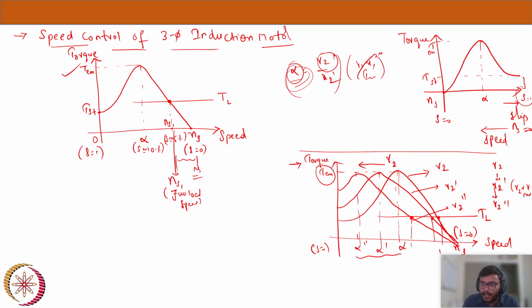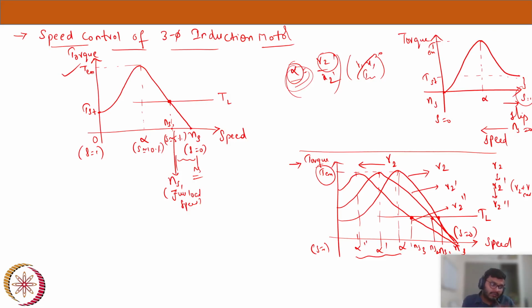Let's say my speed here is ns1, here is ns2, and here is ns3. Now we can see we can have 3 different speeds of my rotor which will be able to deliver my load torque. So 3 curves are supplying my load torque.